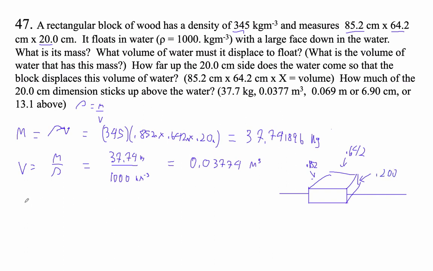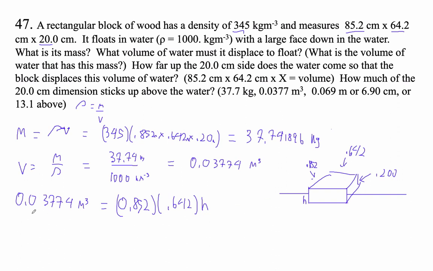So we're trying to say how far up do we have to displace this much water, right? So the volume is 0.03774 cubic meters, and that's going to be 0.852 times 0.642 times, I'll call this H, okay, times H, which is how far up the side the water has to go to displace this, right?